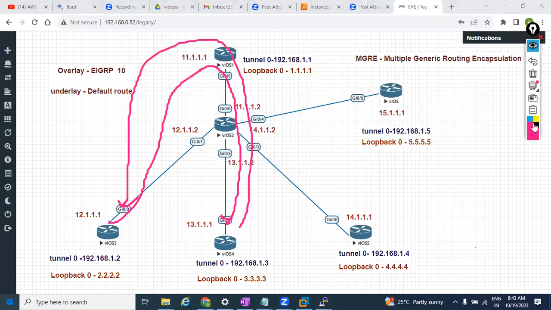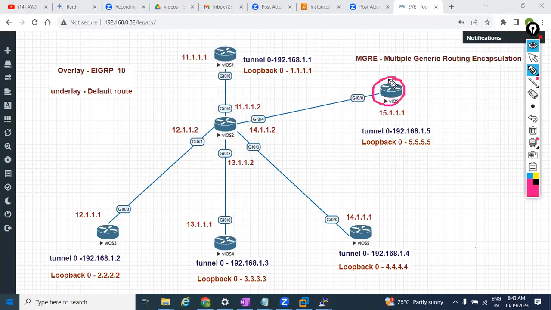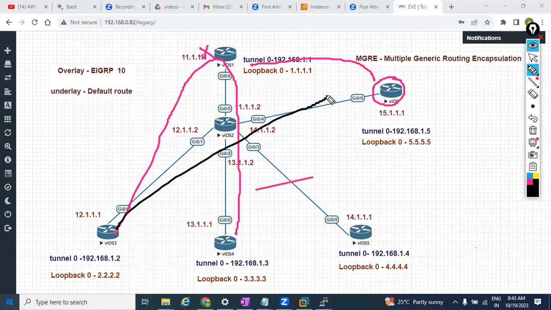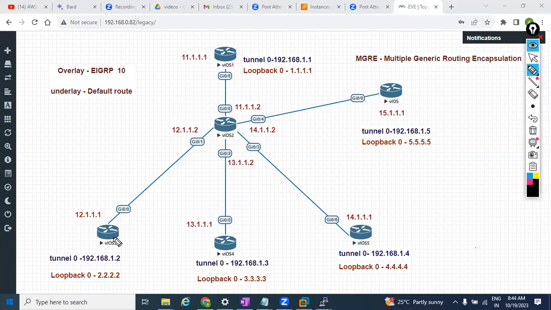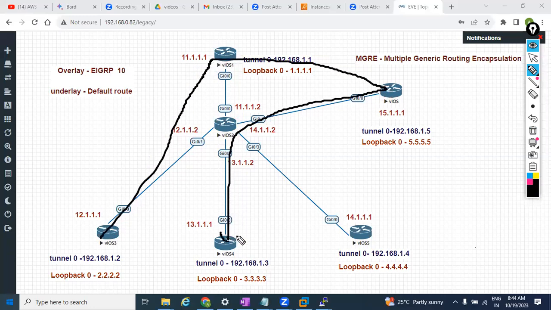Because see, Amit, the question is why it's going to this one? Because this is just a backup of this. If your traffic is going via this and tomorrow it goes down and your traffic redirects towards this, this router doesn't have any information about the previous concept. So how would it work? So what is the concept here in the dual hub? It goes to hub 1, then hub 2, and then to the spoke. Okay, so this is spoke 1 and this is spoke 2.